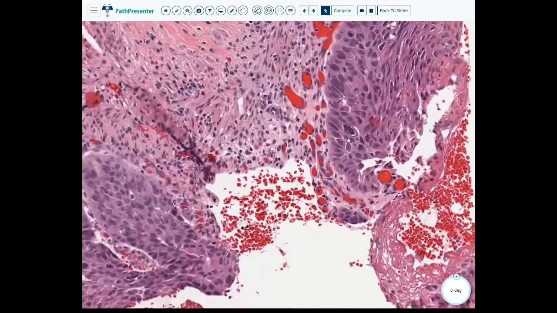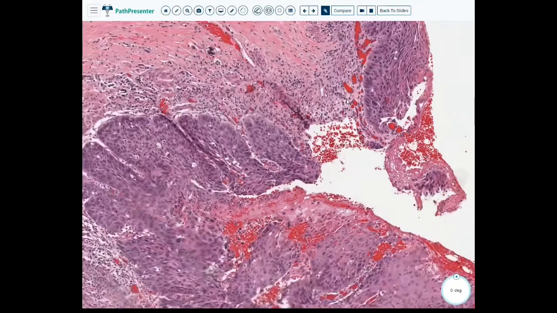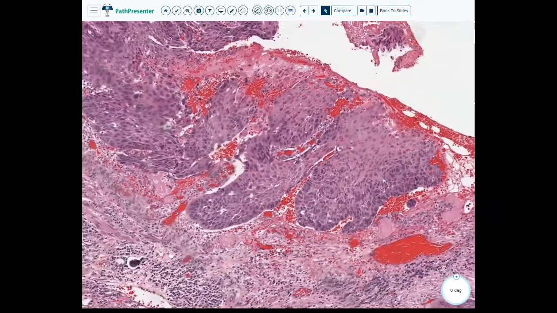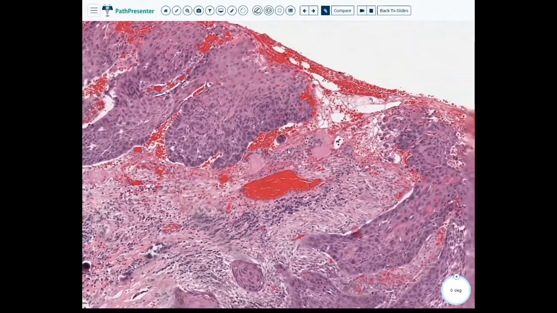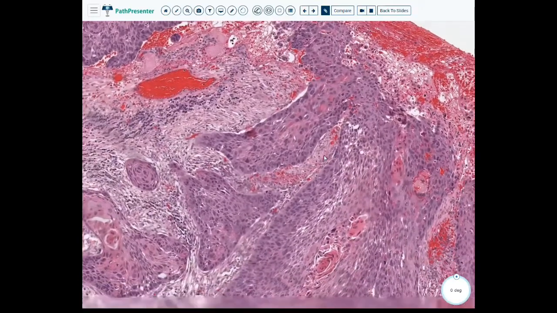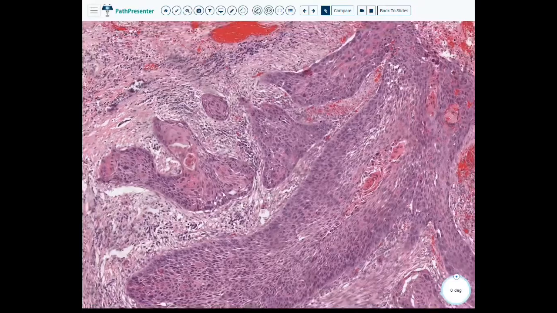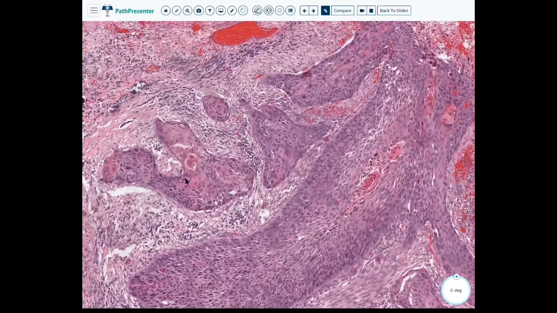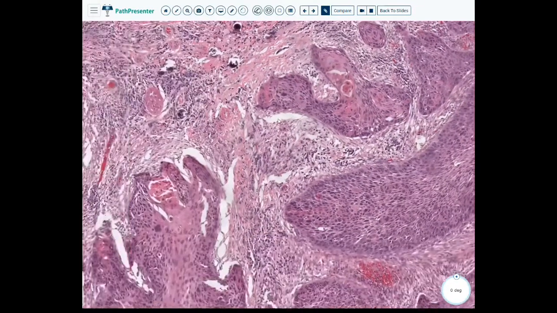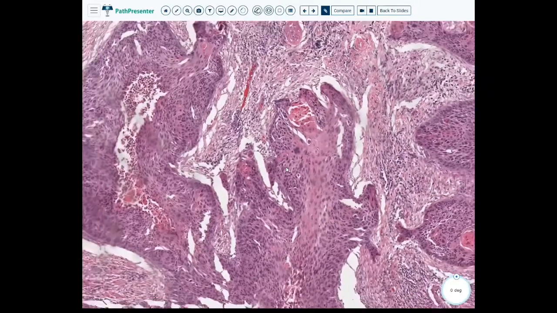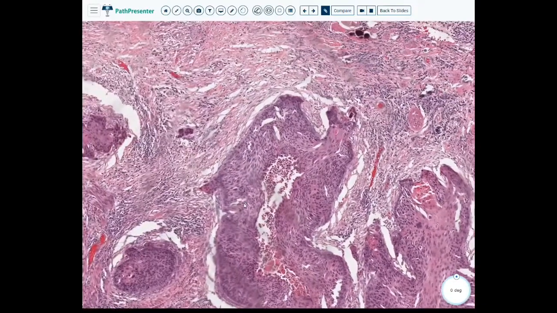And we do have some atypia. Okay, getting to be quite a bit of atypia, actually. And this is why we're starting to, so this is squamous metaplasia. Is it invasive?